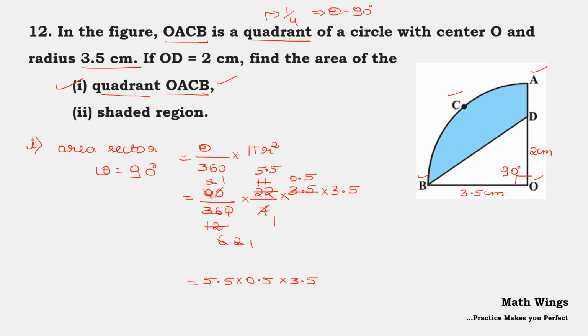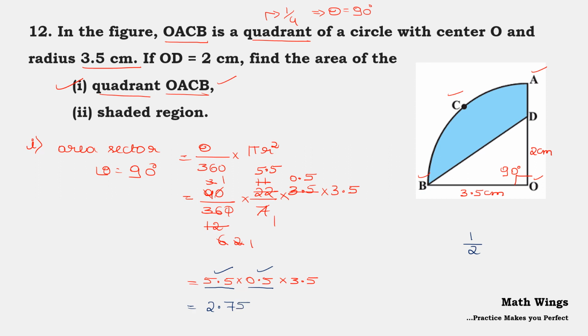Guys, I have a small trick here for you. Here I have 5.5 that is getting multiplied by 0.5. What is 0.5 actually? 0.5 is nothing but half. Correct? So when I multiply 5.5 by 0.5, I will get the half value of 5.5. That is equal to 2.75.